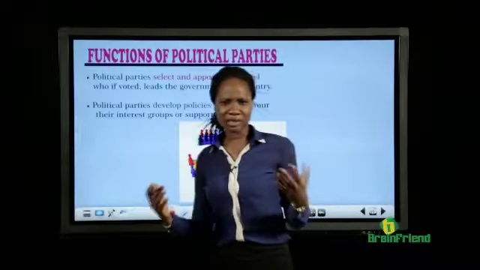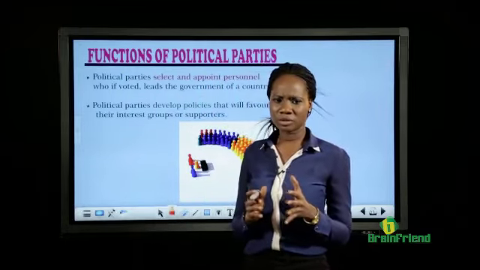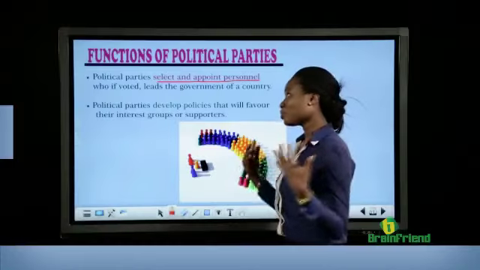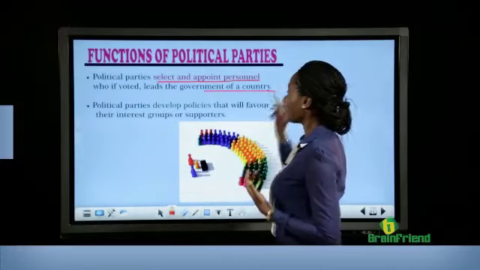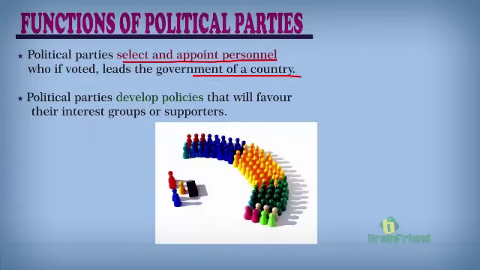Having looked at the organization of political parties, let's take a look at the functions, what they do. The political party selects and appoints candidates who, if voted for, will eventually lead the government of a country or a society. Let's take, for instance, these persons all make up the political party.